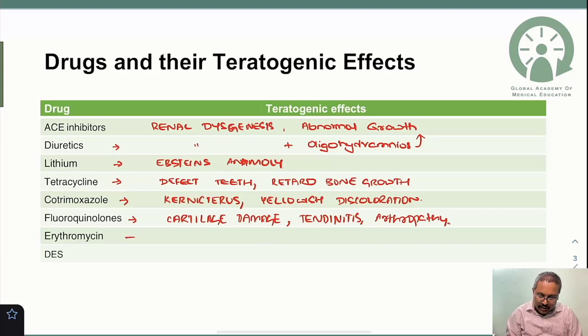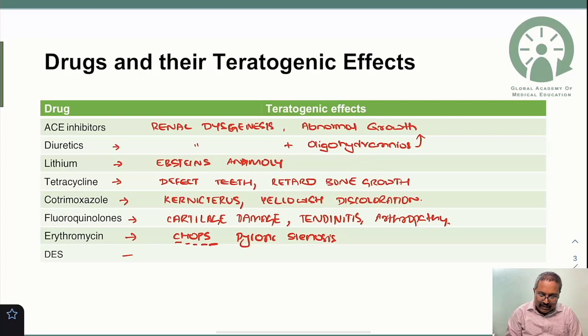So what about erythromycin? So please remember, erythromycin is known to cause CHOPS. What is CHOPS? It is the congenital hypertrophic obstructive pyloric stenosis. So it is the pyloric stenosis.